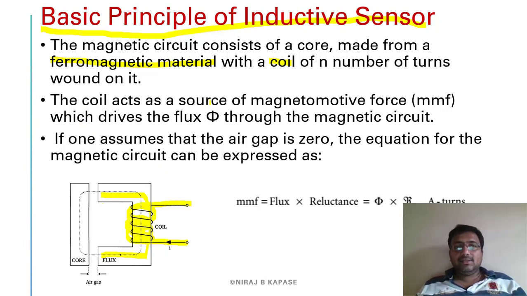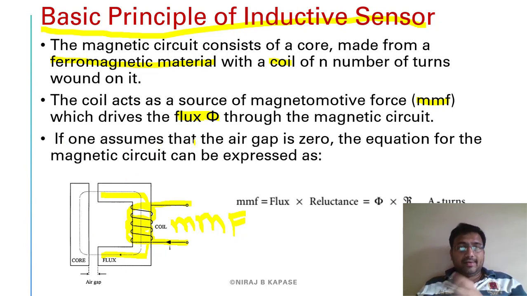The coil acts as a source of magnetomotive force, that is MMF, and it drives the flux phi through the magnetic circuit.